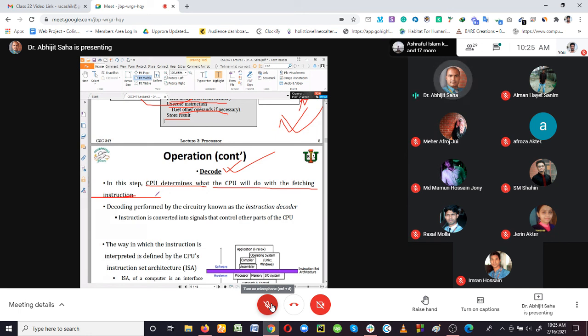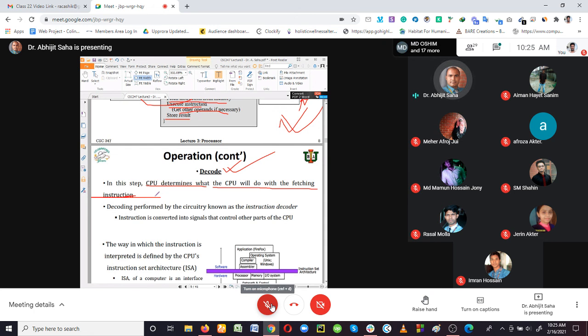When the control unit gets this, it understands, like us, that this is an addition job. But the execution unit, my ALU, does not simply understand what 3 plus 5 means. The ALU only knows machine language, like add 3 to 5.